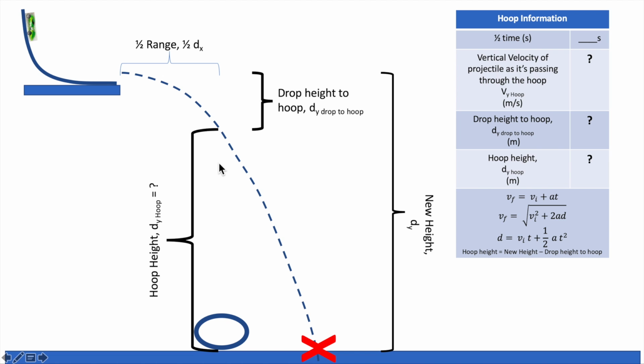And you're going to be using that a little bit later on. So when it's at this point right here, let me draw this here. When it's at this point right here, I want to know what its vertical velocity is at that point in time.